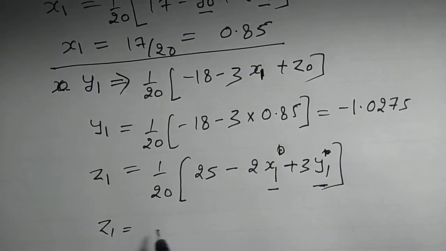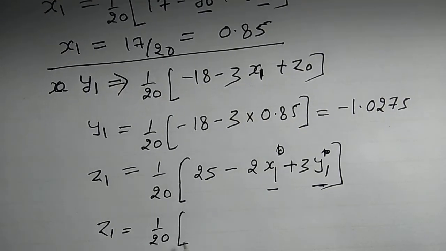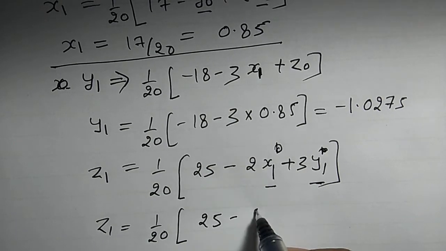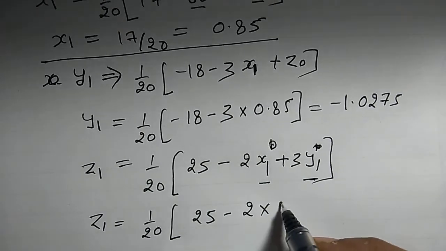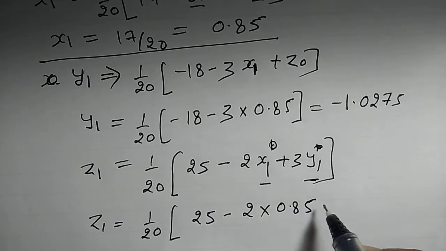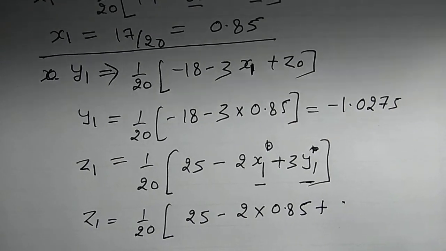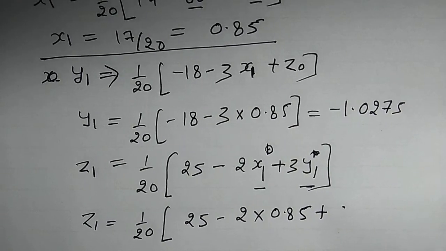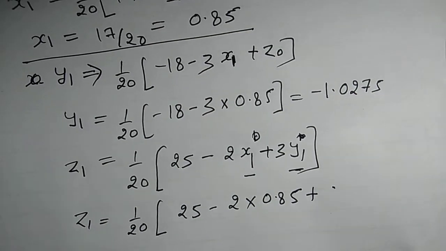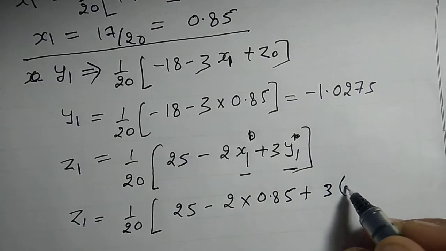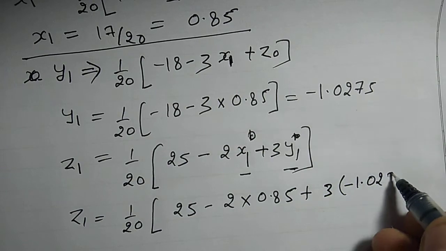So z1 equals 1/20 times (25 minus 2 times 0.85 plus 3 times minus 1.0275).